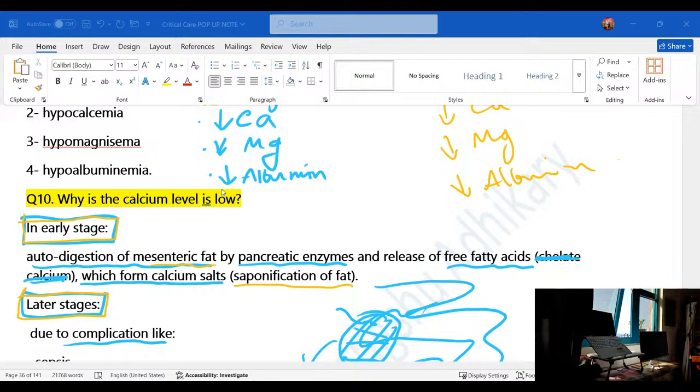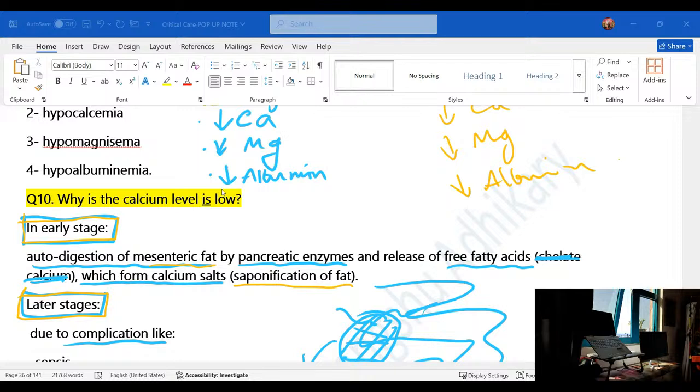Autodigestion of the mesenteric fat by pancreatic enzyme and release of free fatty acid, which forms the calcium salt.